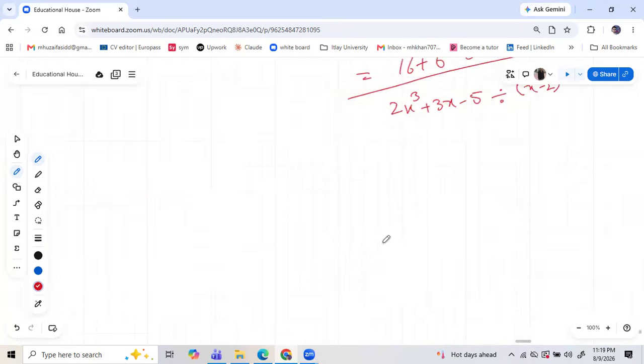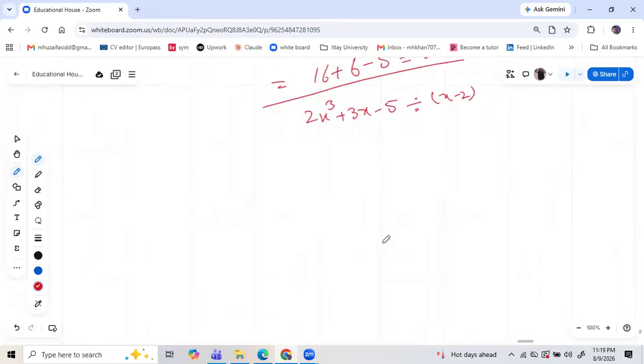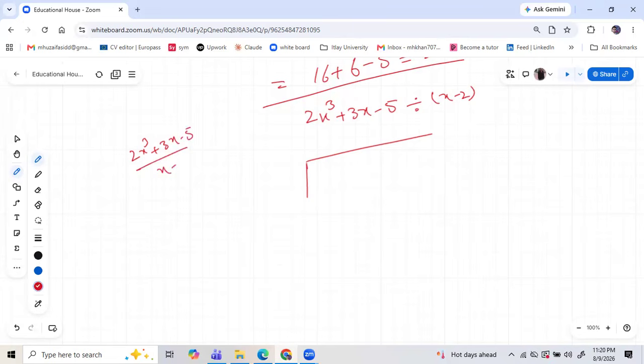I'm just doing this for your understanding, relating exercise 3.3 to exercise 3.2. So you are writing it like this: 2x cube plus 3x minus 5 divided by x minus 2.